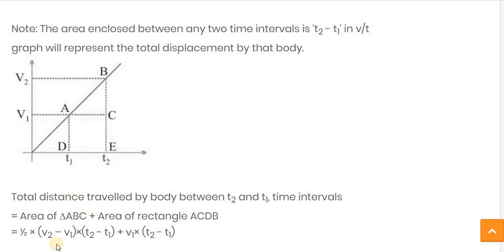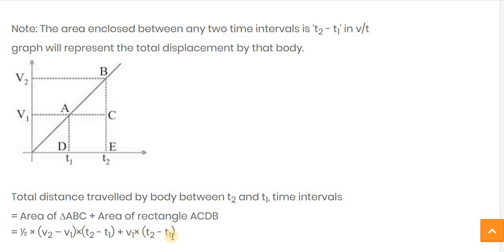So we can write 1/2 into (V2 minus V1) into (T2 minus T1), plus the rectangle. For the rectangle, AD is equal to V1, and AC is equal to T2 minus T1.